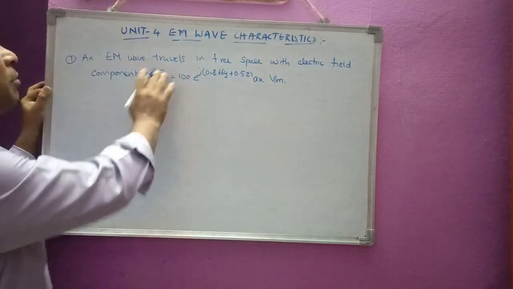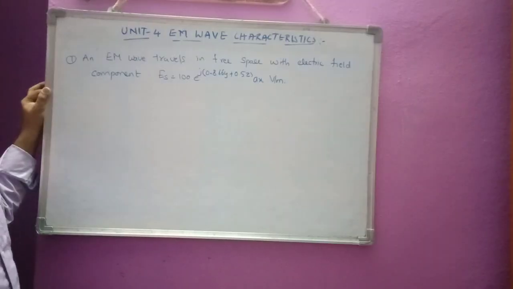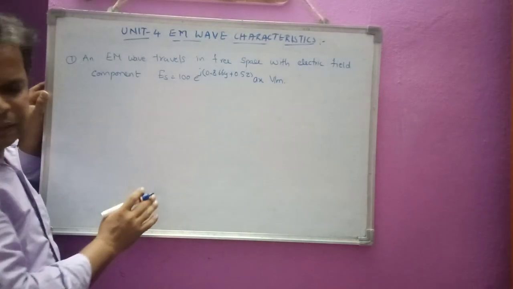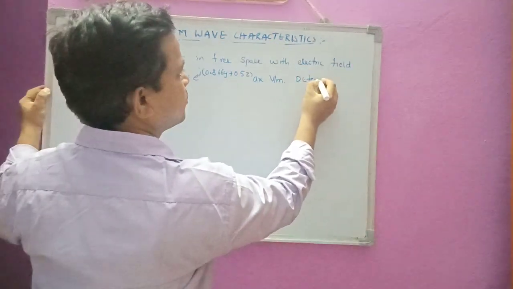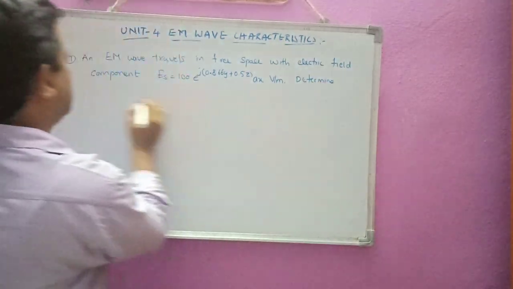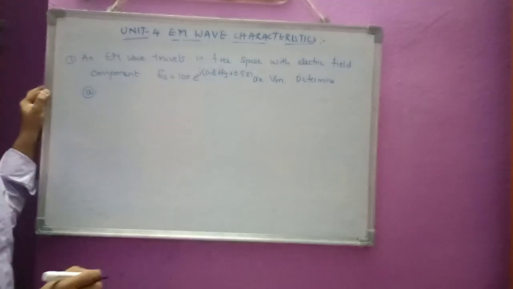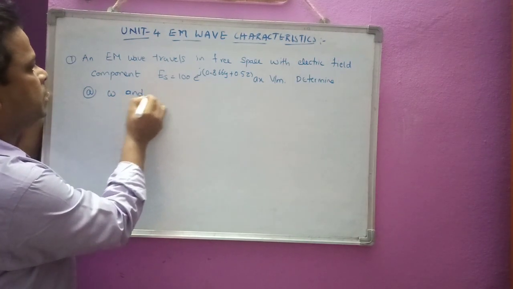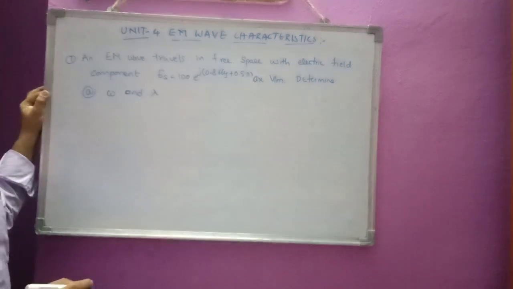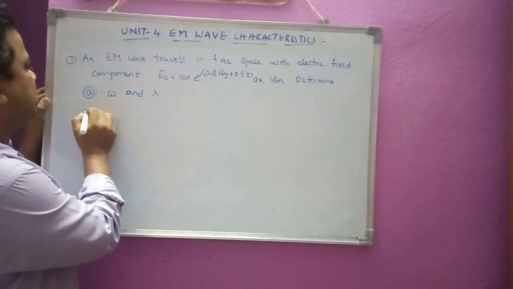So he has given that an EM wave is traveling in free space with the electric field component Es, and we have to determine the following things here. He is asking to find omega and lambda. Omega is the angular frequency and lambda is the wavelength.